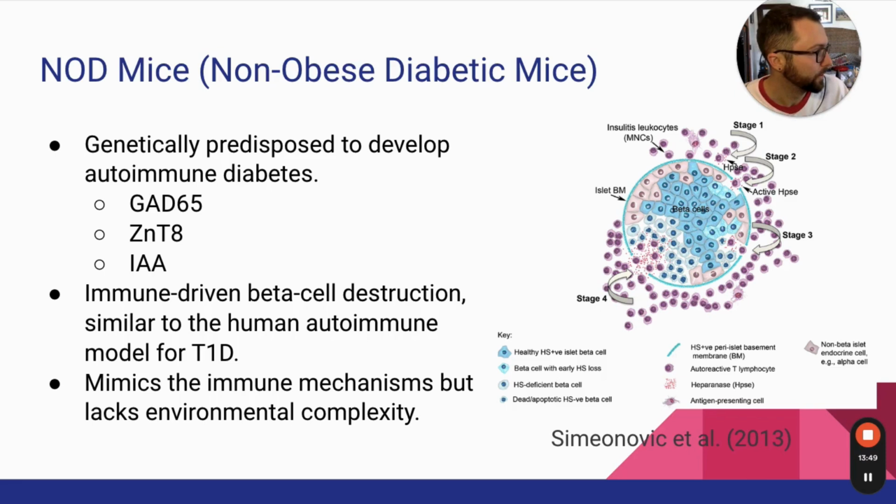CD4 are basically recruiting all of these inflammatory markers to come in and fix everything up. The CD8 plus are the killer T cells, so they're coming in and actually cleaning up the beta cells. So suffice to say, this is the immune system coming in and deactivating the beta cells.